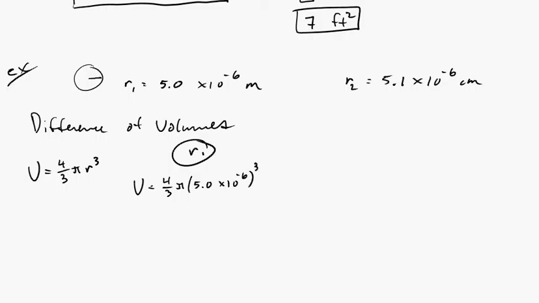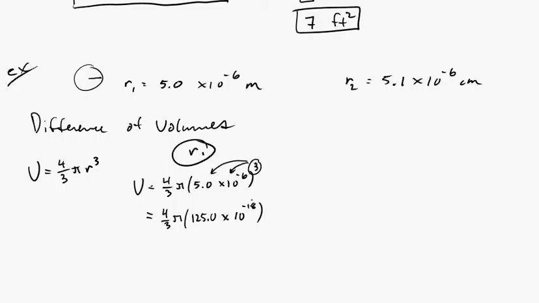Okay, now this is going back to algebra. The way to figure this out, you apply the power to both things inside here. And so 5 to the third is 125, times 10 to the negative 18. Because when I apply it here, a power on a power is multiplied.